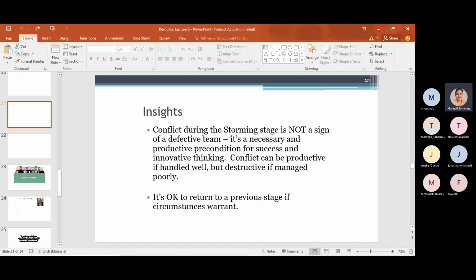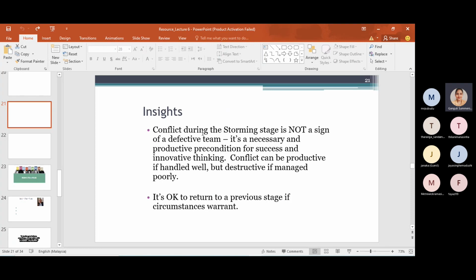Having conflicts during the storming stage is not a sign of a defective team. If you have a conflict during the storming stage, it doesn't mean that it is a bad team. Conflicts are very normal, but the only thing is you should handle the conflicts in a productive manner, not in a destructive manner.